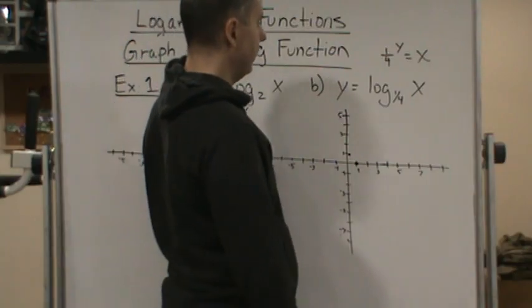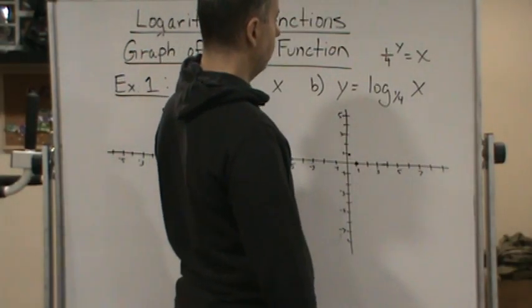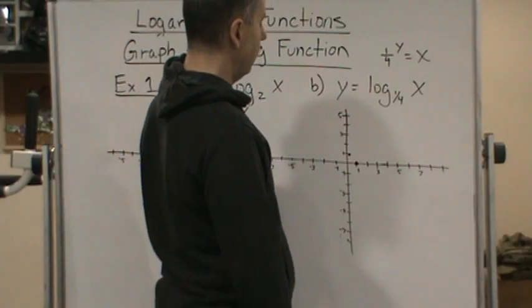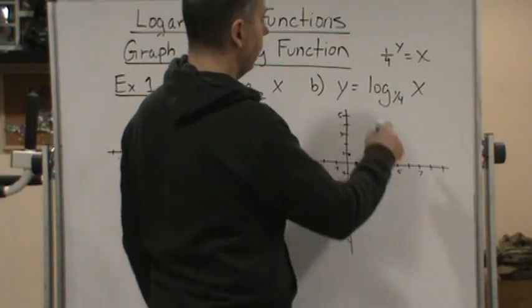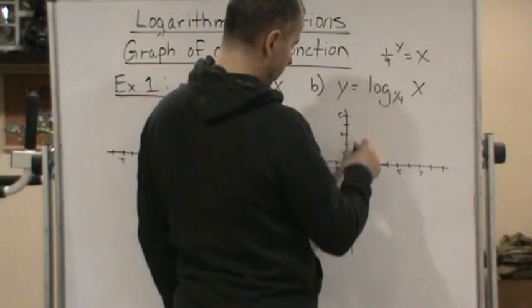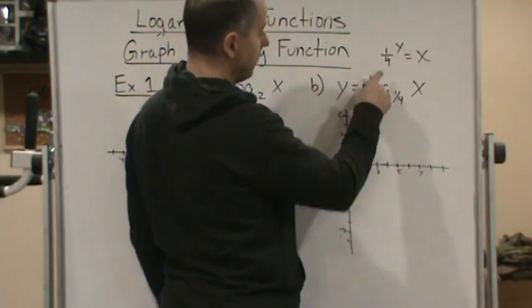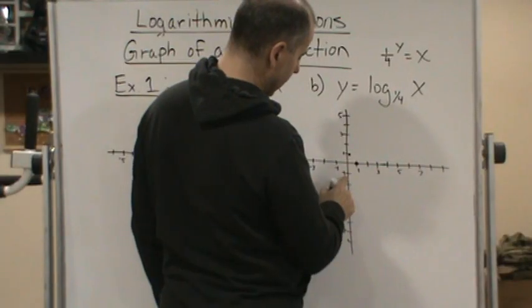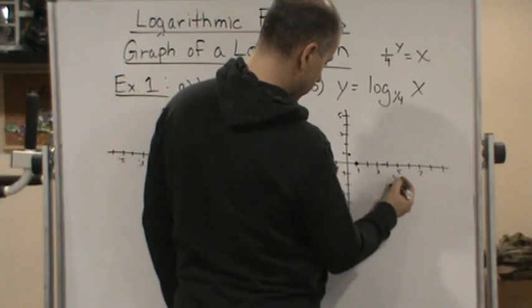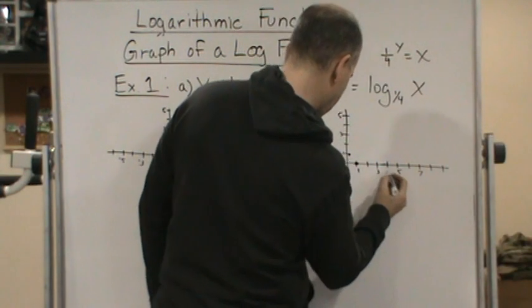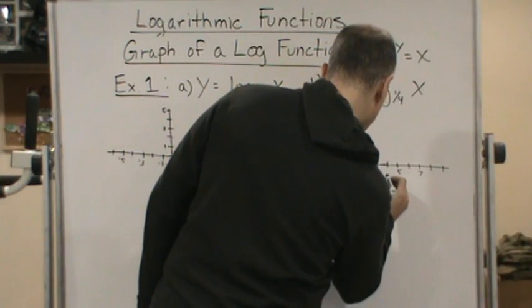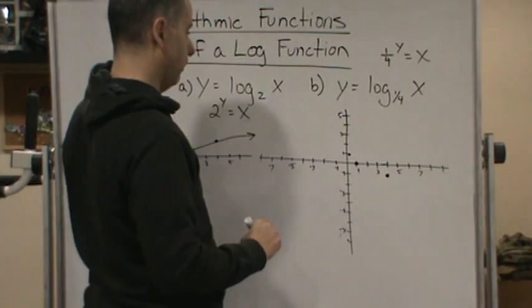If y is -1, then what happens here? This is 4. So at -1, x is 4. So at x equals 4, y is equal to -1.